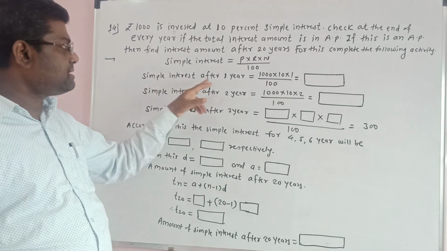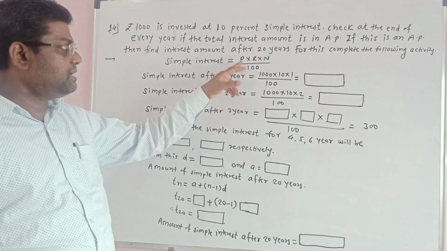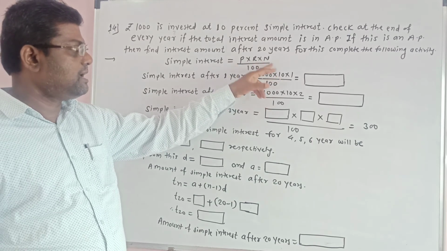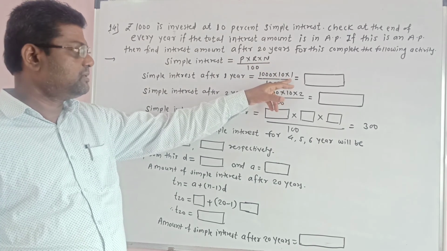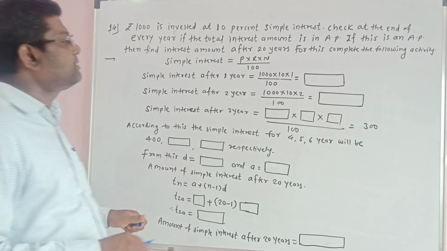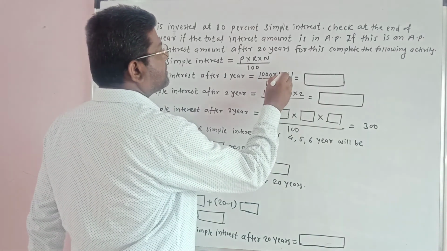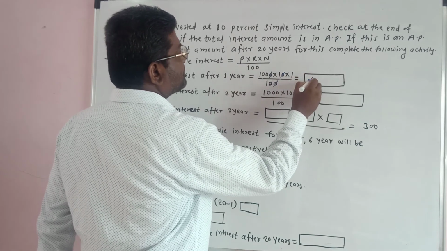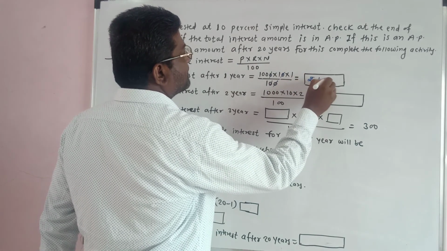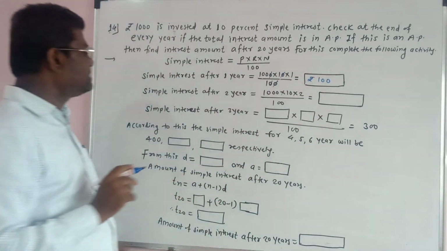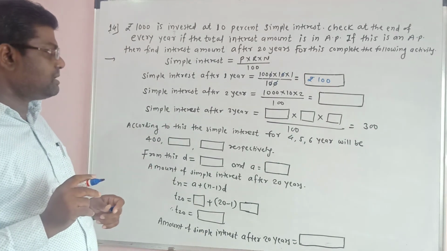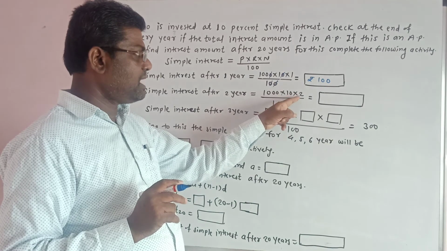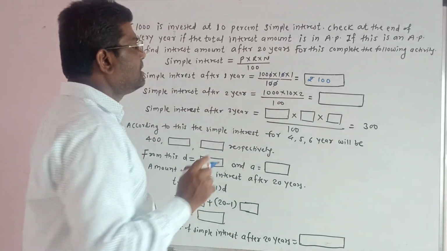Simple interest after 1 year: P is 1000, R is 10, and N is the number of years, 1, upon 100. So this 0 will get cancelled, this 0 will get cancelled, so it will be rupees 100. Now simple interest after 2 years is 1000 into 10 into 2 upon 100.